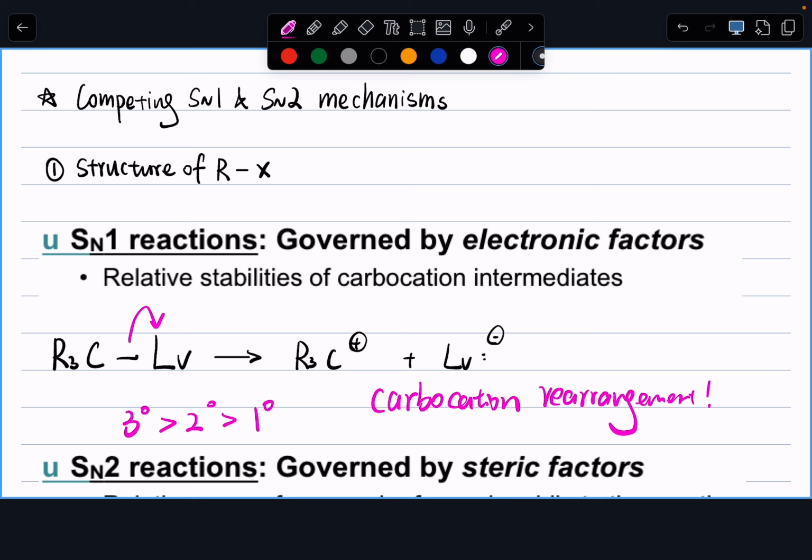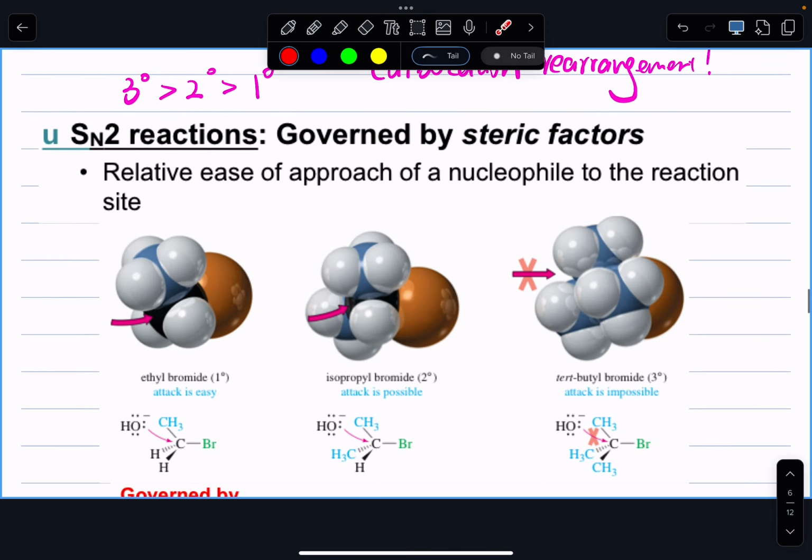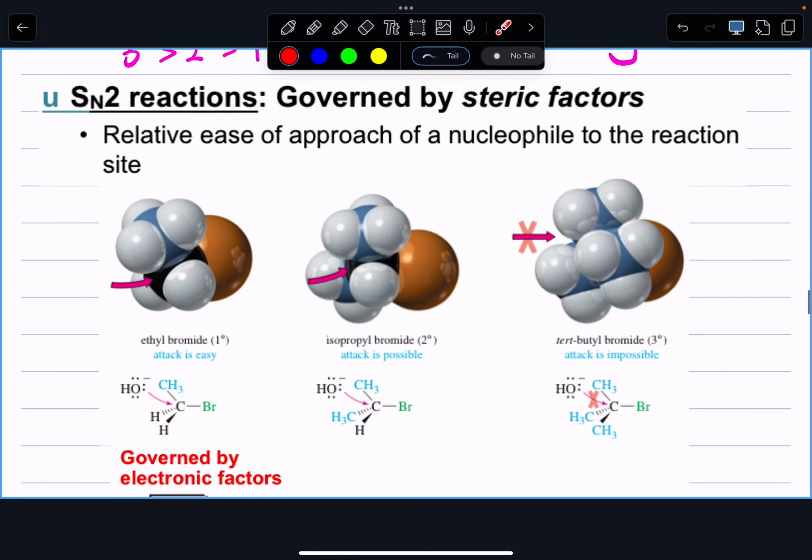Alternatively, when we're looking at the SN2 reaction, the SN2 reaction mechanism does not form a free carbocation intermediate. So the stability of the carbocation has little effect on the SN2 reaction rate.